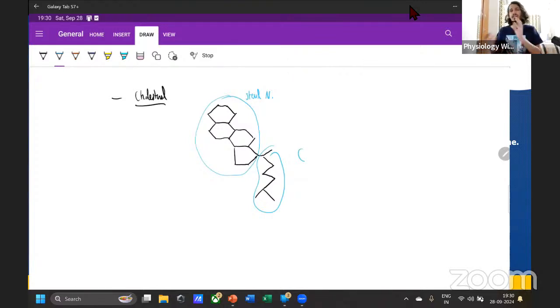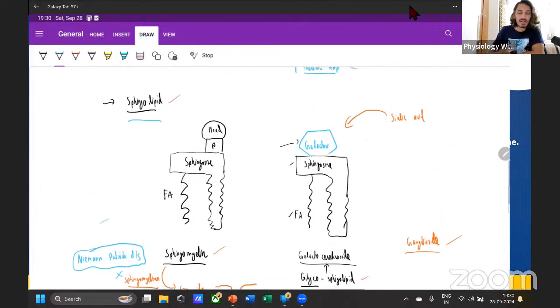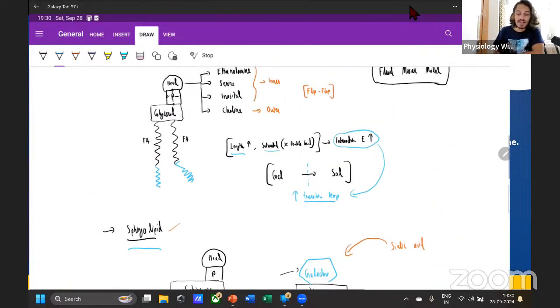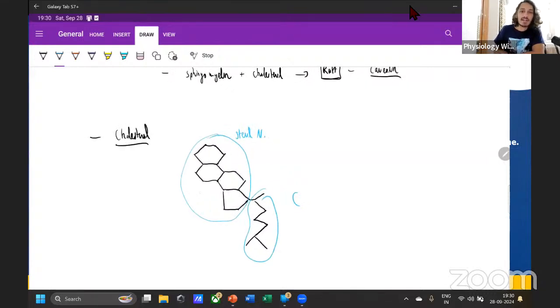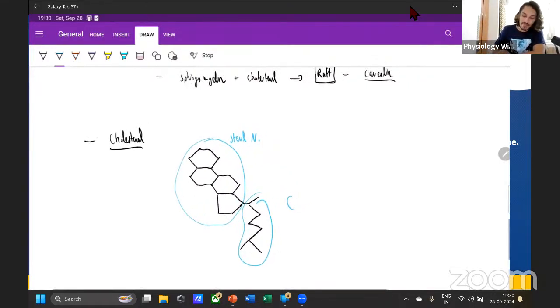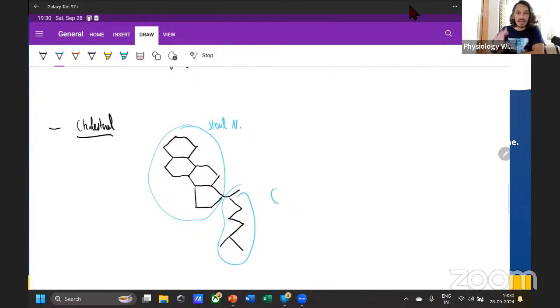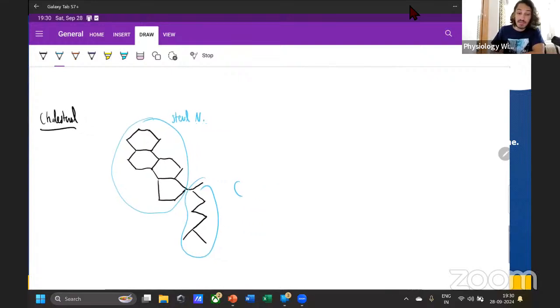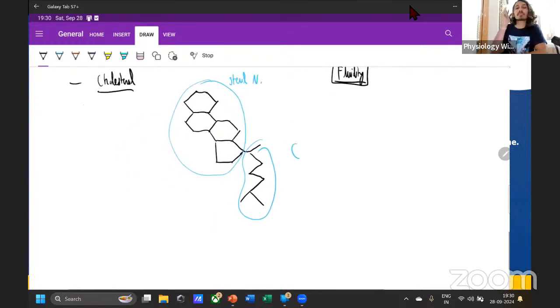Okay, so if you look at it in a way, it's actually very similar to how your other lipids that are involved over here are, in that it has one nucleus-like area, which is going to be a polar area, and the hydrophobic area. So this also has a similar activity. But this is very important in your fluidity, actually. Fluidity of your membrane, your cholesterol is very important. So this depends on two factors.